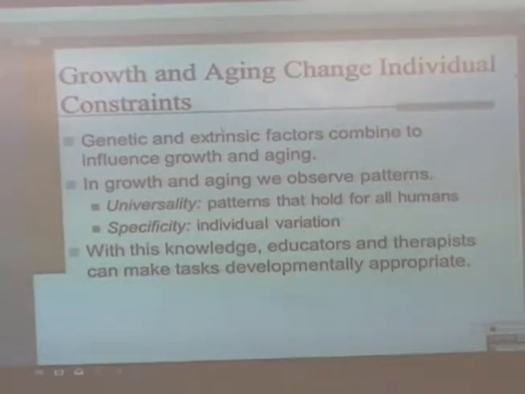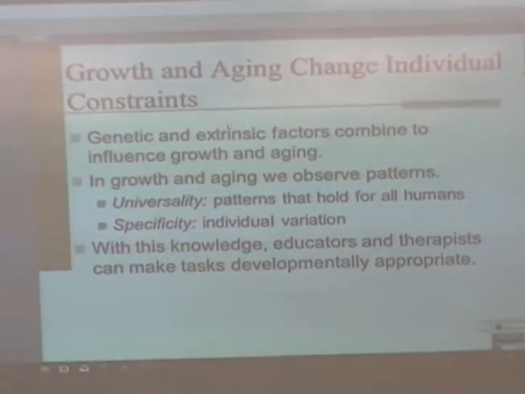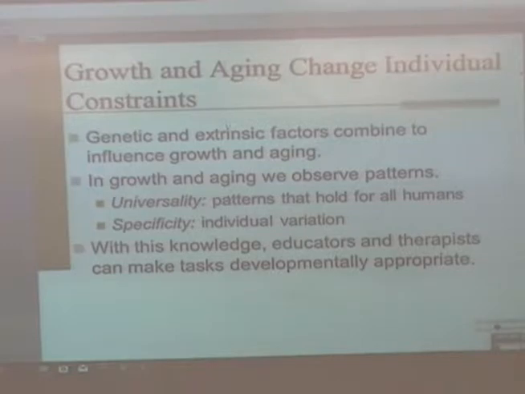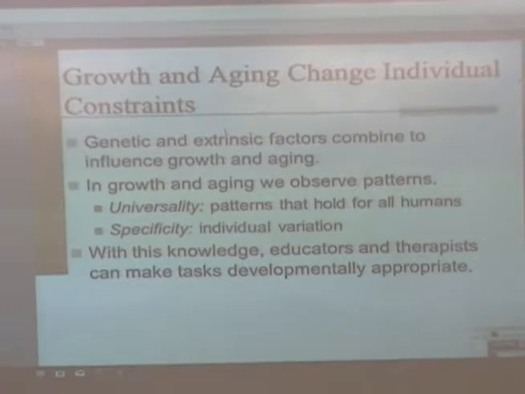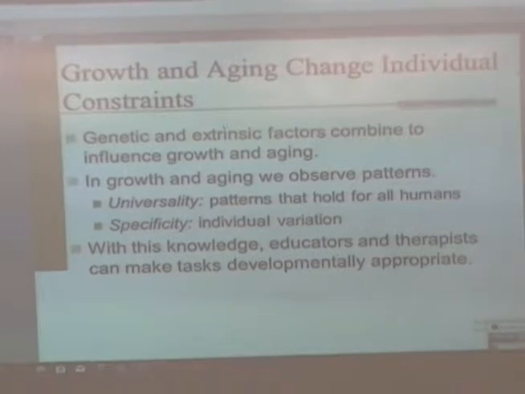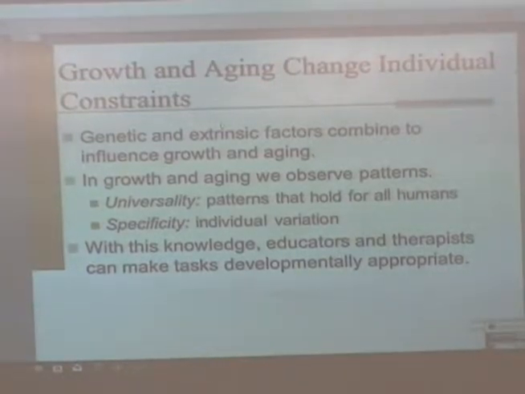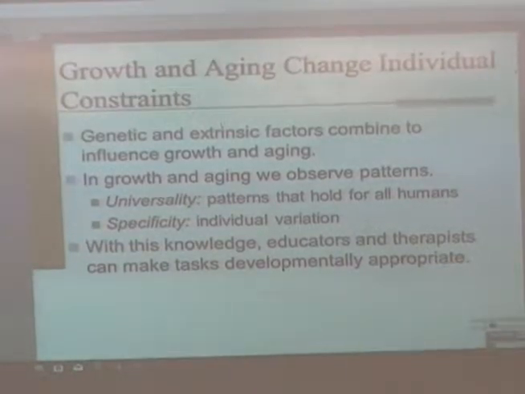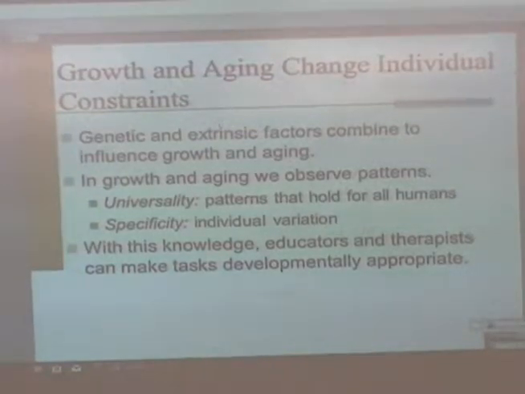All right, so we're looking at growth and aging. So we're looking at an individual constraint, all right? On our constraints triangle, we're going to be talking about the top point. And the key point when we're looking at prenatal is that the rate of growth that we see from conception through infancy is faster than we ever see at any other time in life.